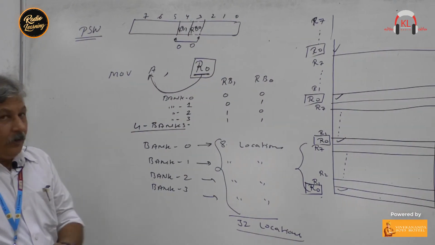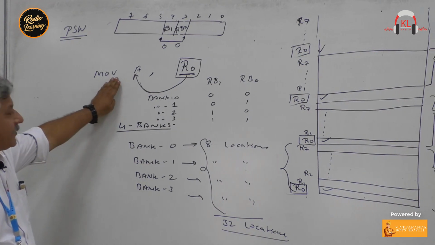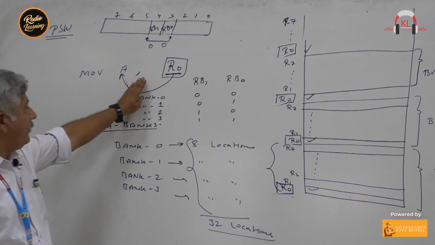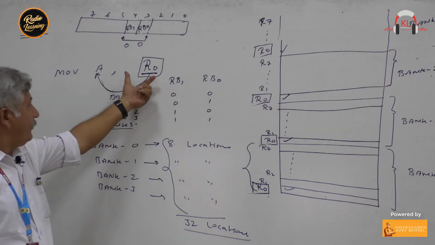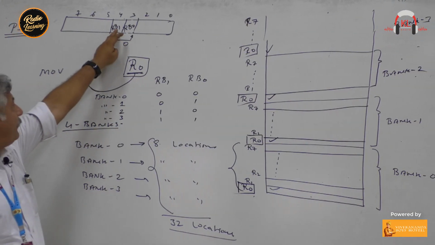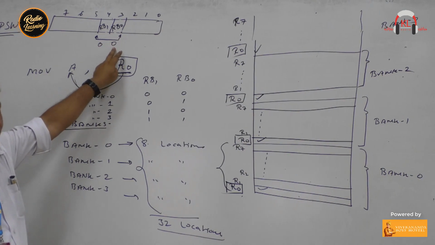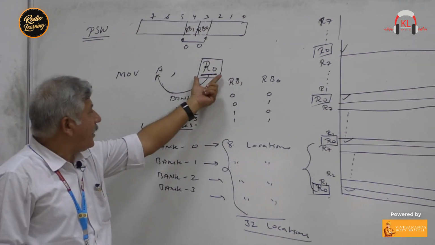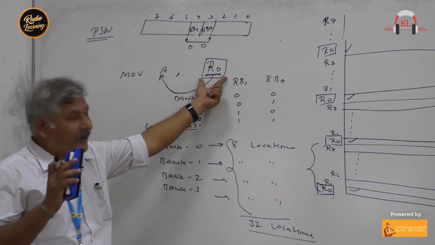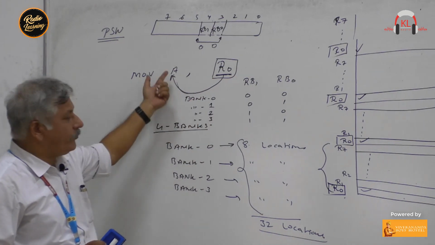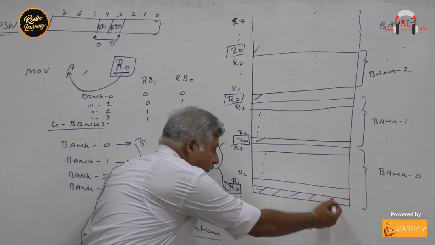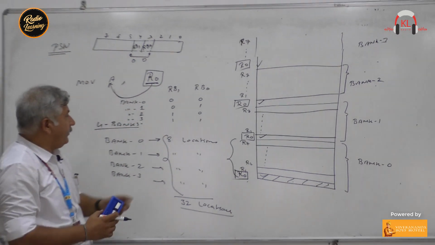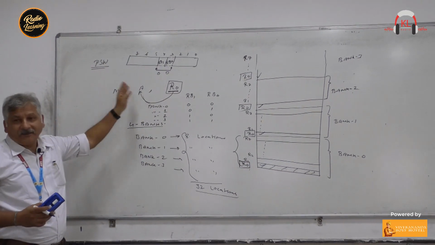So if we write this instruction, MOV A, R0, and by default the value of RB1 and RB0 is 0, 0, then the content from R0 of bank 0 will be transferred to the A register. This 8-bit content will be moved into the A register.